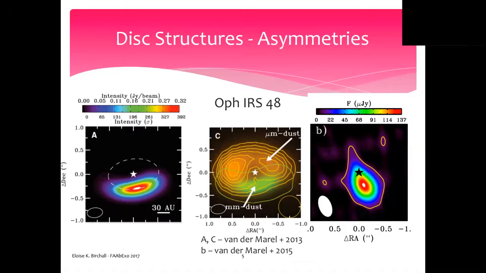It's thought that this disk has a dust trap, which means dust is getting stuck due to pressure and density gradients throughout the disk. Oph IRS 48 is an A9 star.